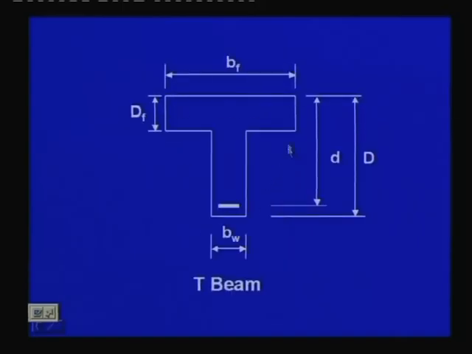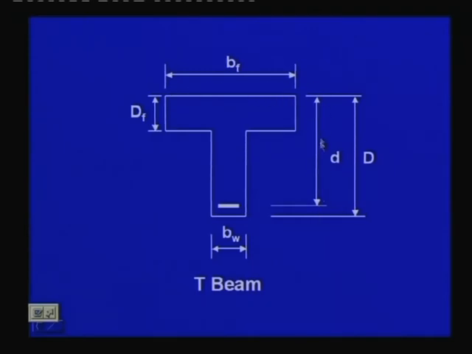This is one cross section of a T-beam. We have the web and the flange. BW is the width of the web, DF is generally the depth of the slab, and BF is the width of the flange.